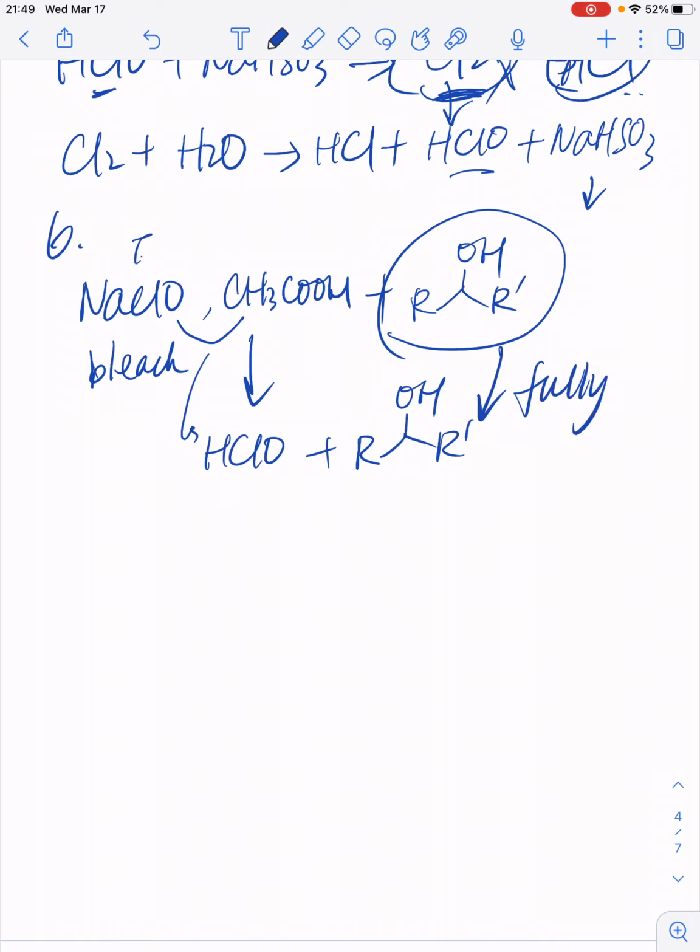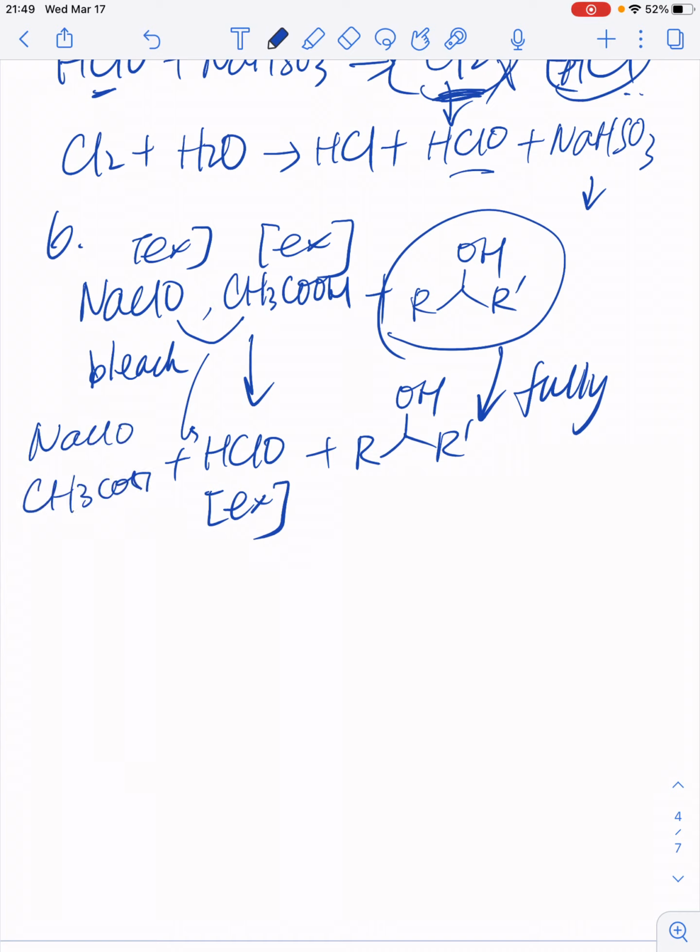So you will make the acid and the sodium bleach to be in excess, which gives you an excessive amount of hypochlorous acid, and there might be some of those left, since you have a lot of those. That's our second step, mixture. Oxidizer, reducing reagent.